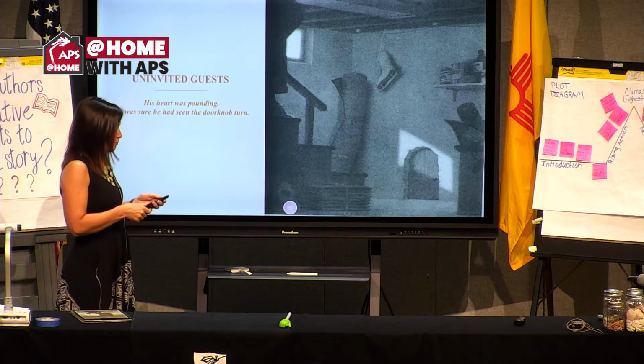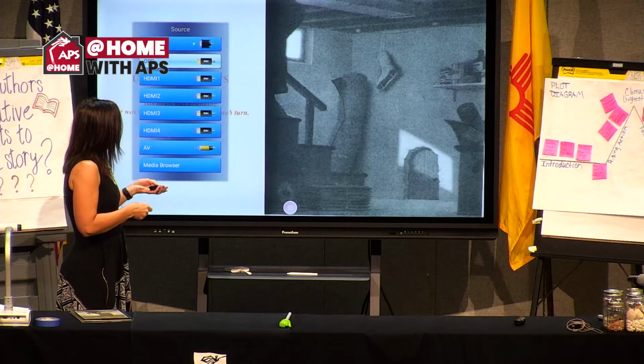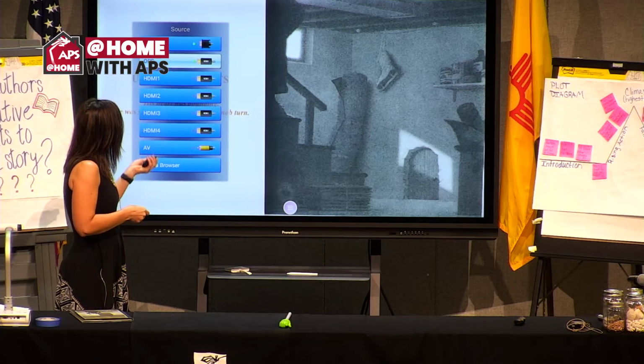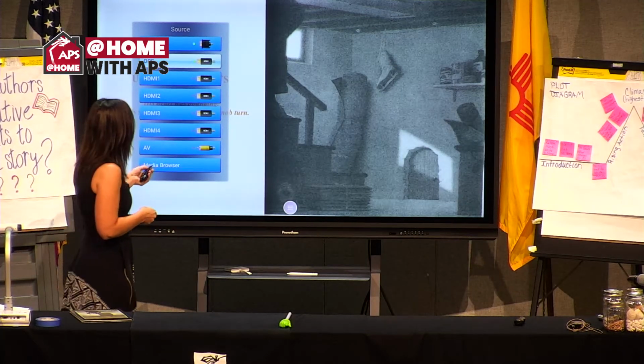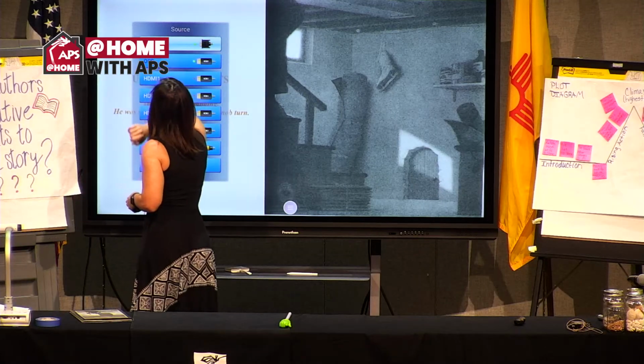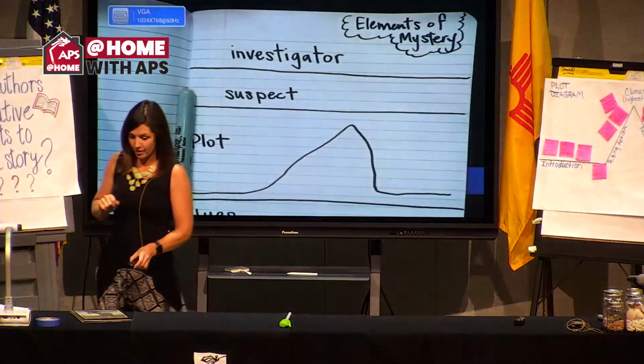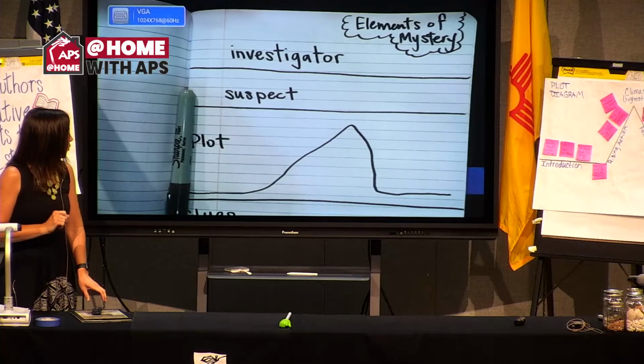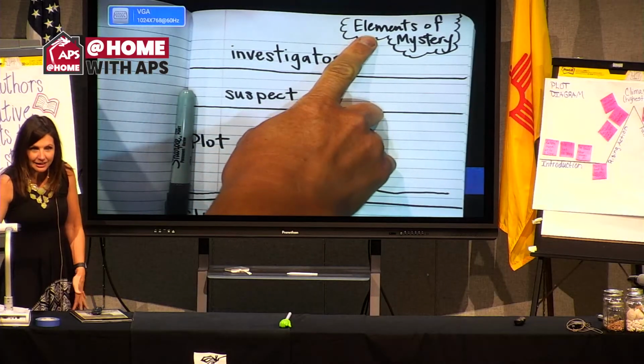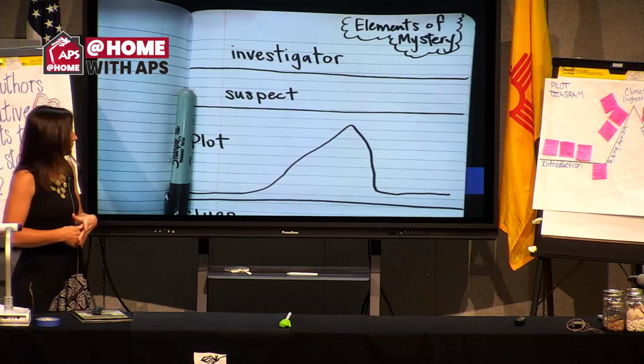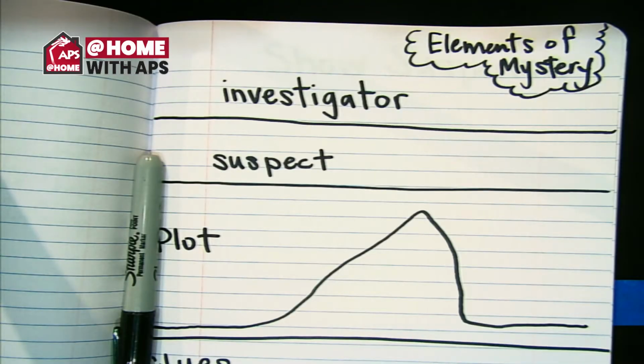In your writer's notebook, I would like you to turn to a fresh page. Inside your writer's notebook, we need to have some elements of mystery. Narratives have elements, and mysteries have even more elements.